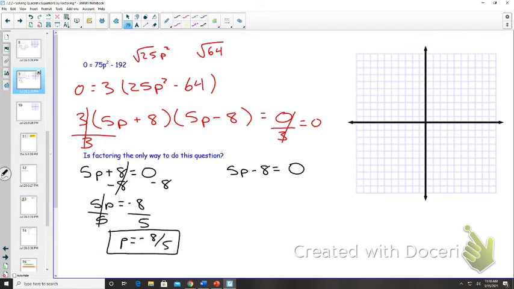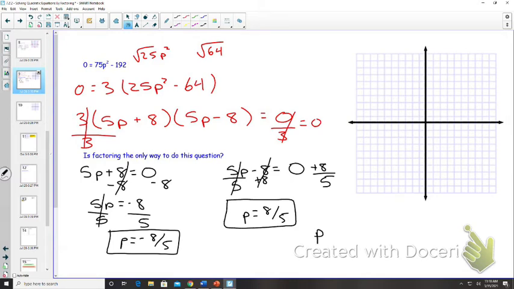Now we'll do the same thing over here: add 8, now we divide by 5. So p is equal to 8 over 5, or you could say p is equal to plus or minus 8 over 5.